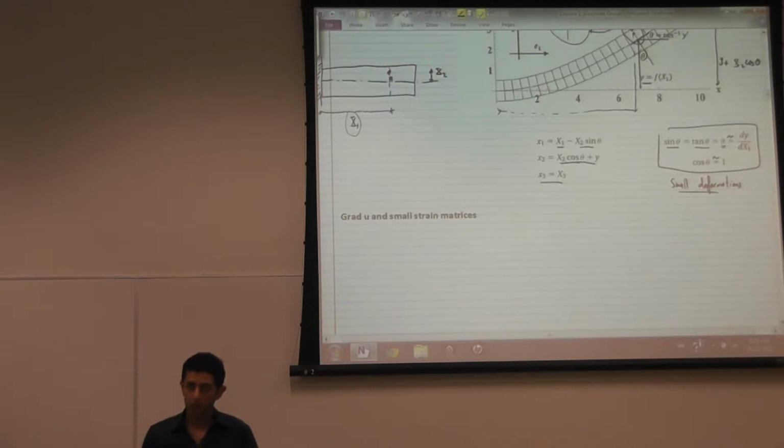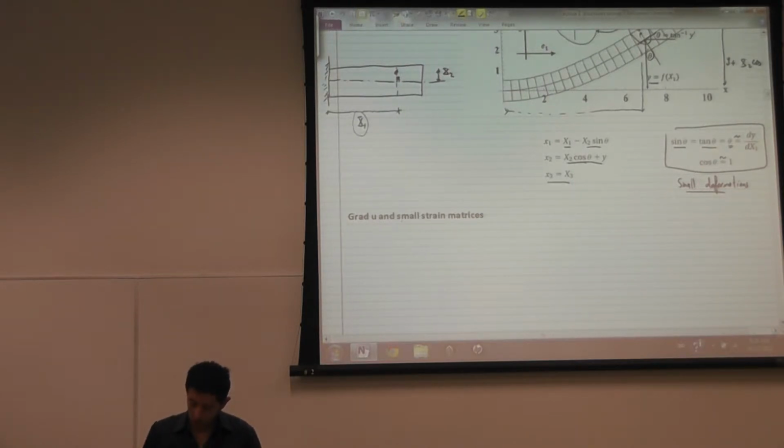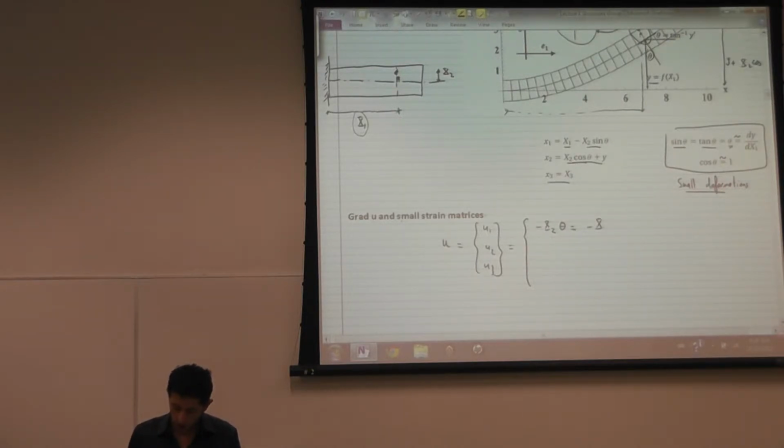I can now calculate the strains. This is the deformation assumption. First, I have to calculate the displacement. U is U1, U2, U3, the vector of displacements. U1 is equal to x1 minus capital X1, so negative x2 sine theta, or negative x2 theta, because theta is equal to sine theta, or negative x2 dy by dx.